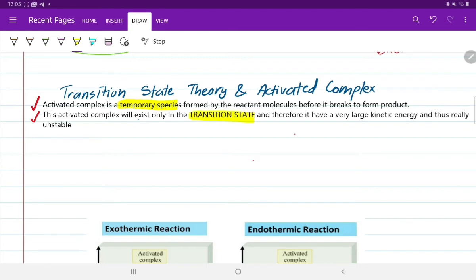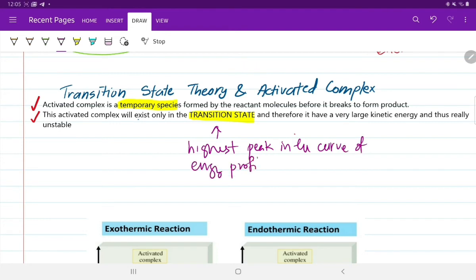So the transition state is the highest peak in the curve of your energy profile diagram. That means since it's the highest peak, it has the highest energy value, highest KE or potential energy.